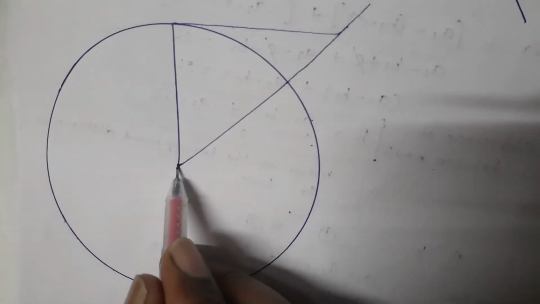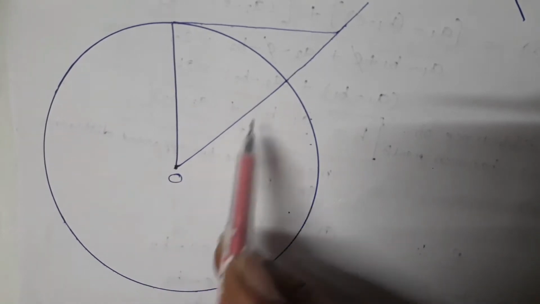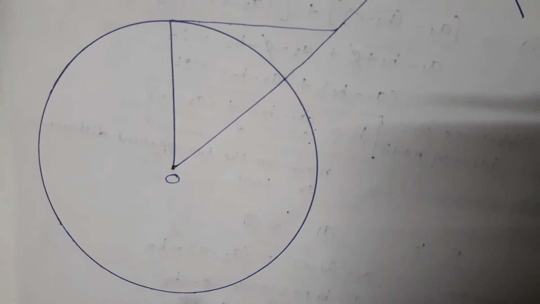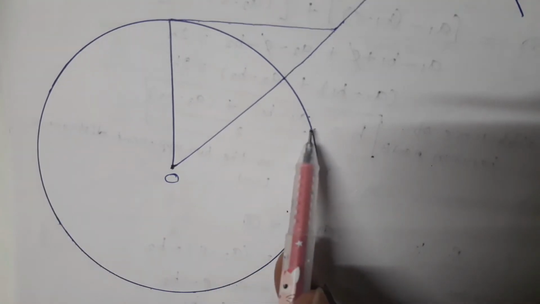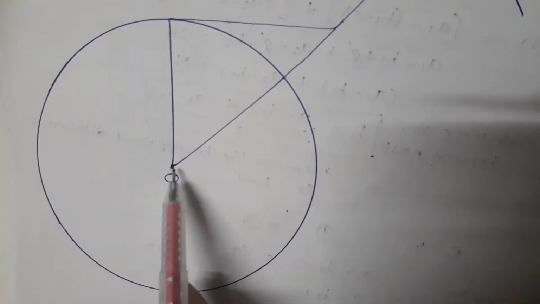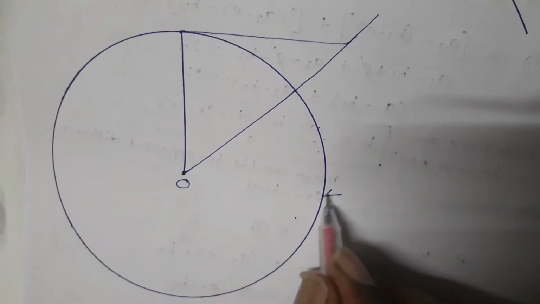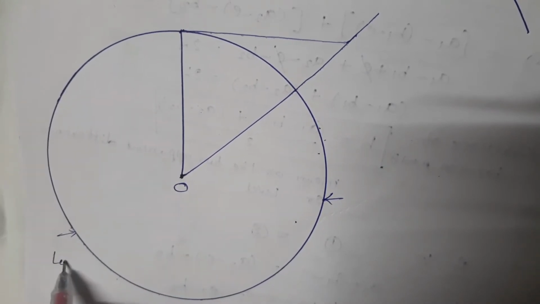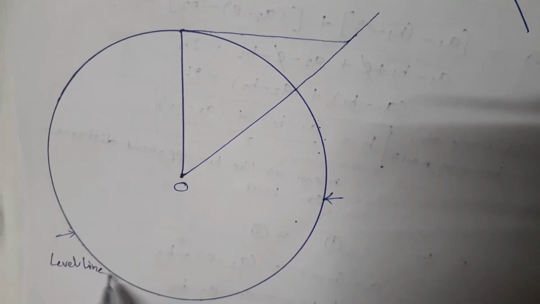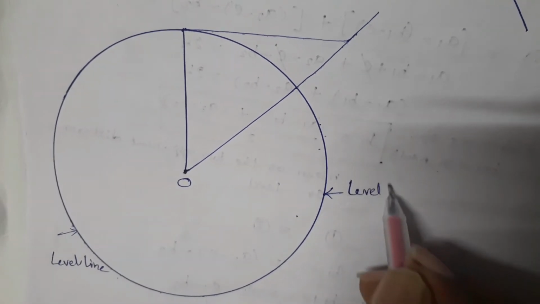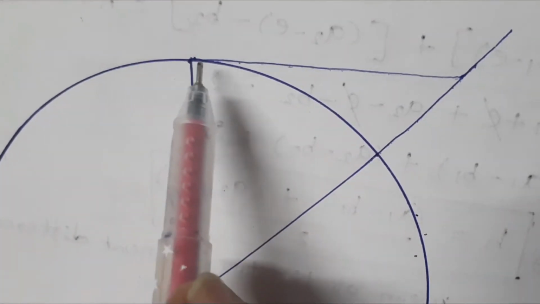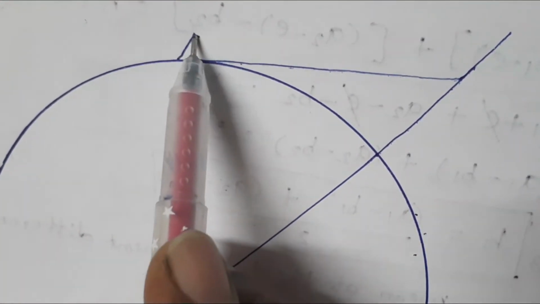Here, this is the center of the earth surface. This is the level line. At any point on this level surface, the level line is equidistant from the center of the earth surface. This is the point where the instrument is set.